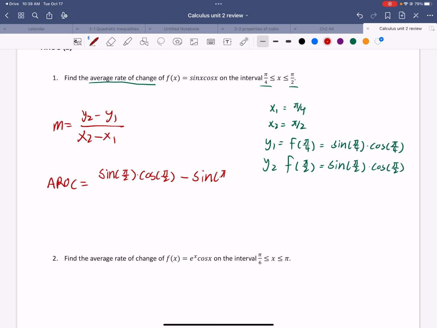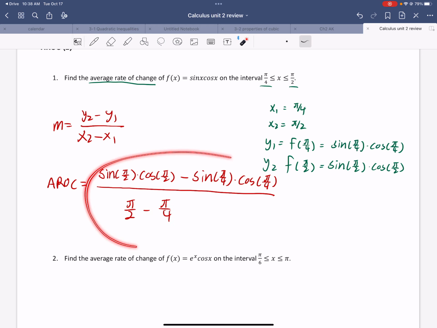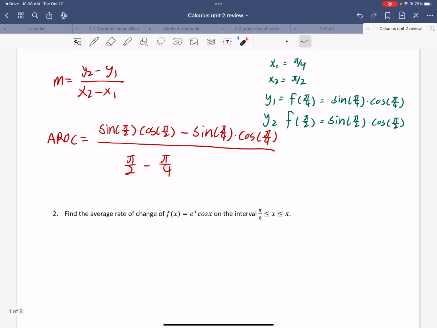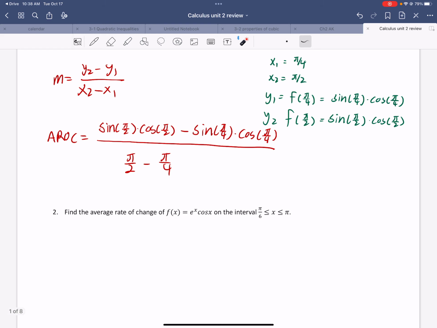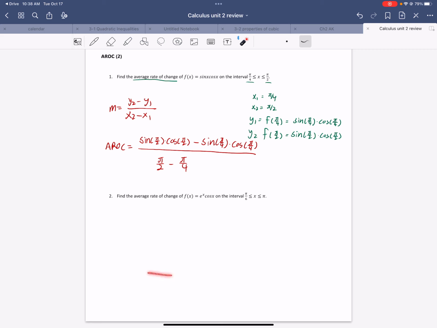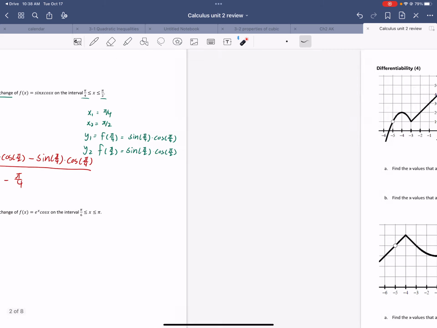Sine pi over 4 times cosine pi over 4, over x2 minus x1. So it's going to be pi over 2 minus pi over 4. And that's it. I'm not going to ask you to simplify. I kind of thought about it, but after looking at this one, I came to the conclusion that I shouldn't, because that's going to make your life painful, right? So try this question by yourself, okay?